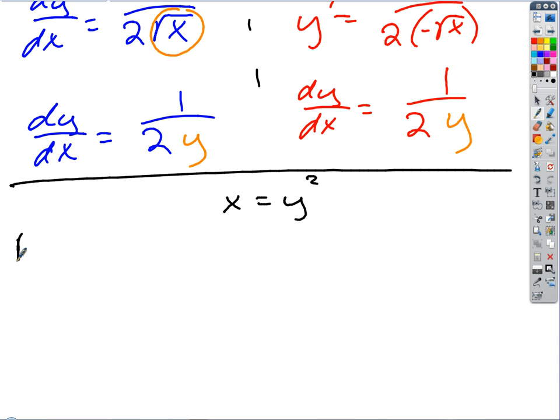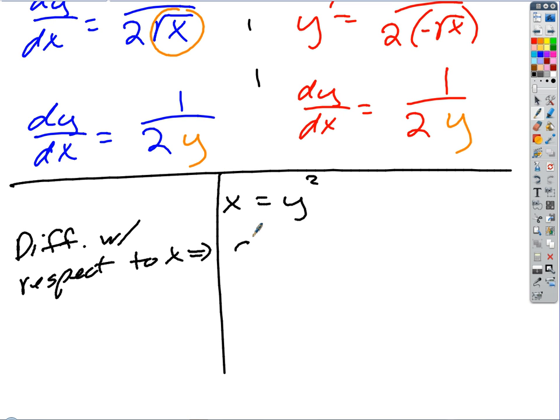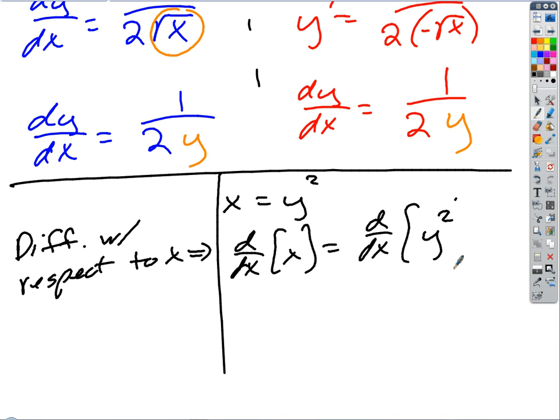So if I differentiate both sides with respect to x, I'm going to get the derivative with respect to x of x on the left equals the derivative with respect to x of y squared on the right.